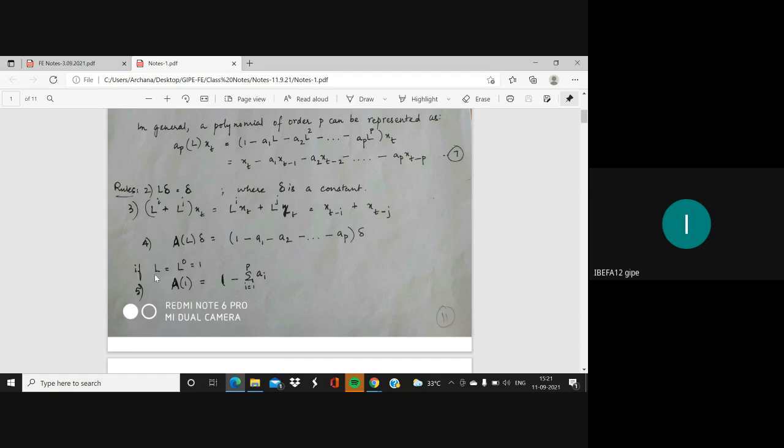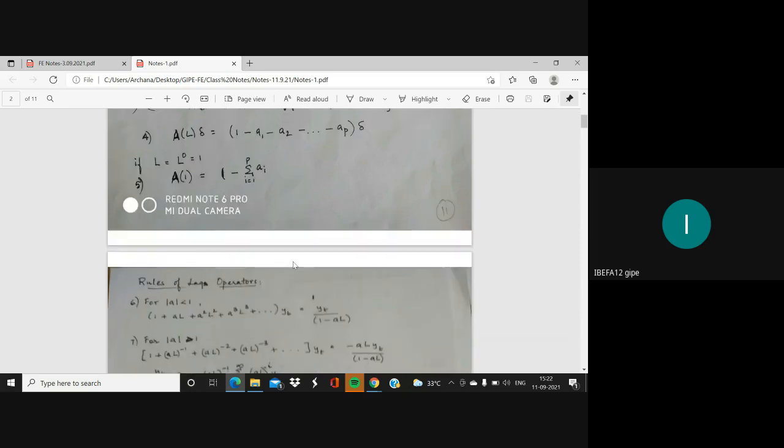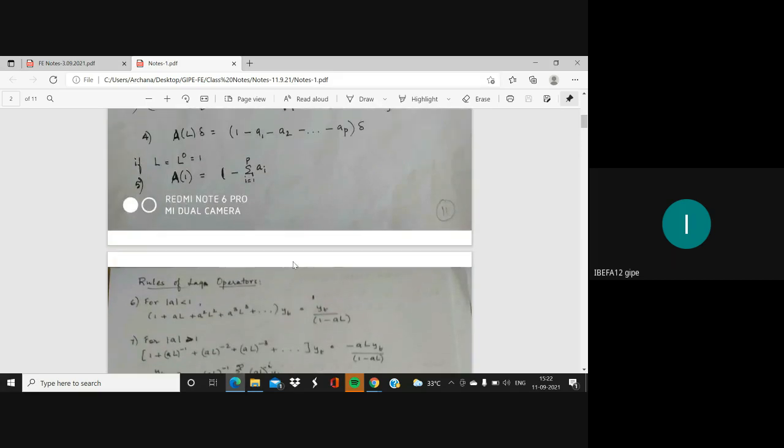Then what I said earlier, if L is raised to the power 0, it's equal to 1. To denote this particular term in brackets here, we simply use this term at times, A(L). Some of this notation we will be using, some we will not be using, so don't worry about it. I'll be circulating this later.